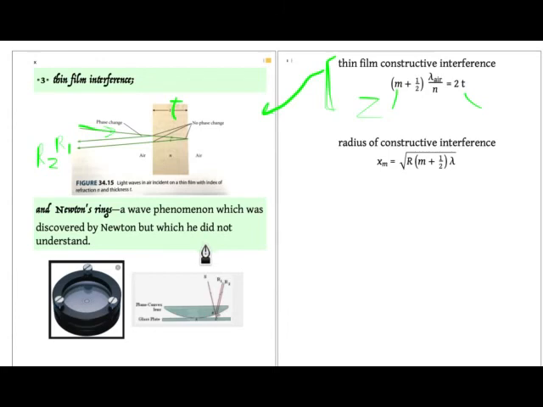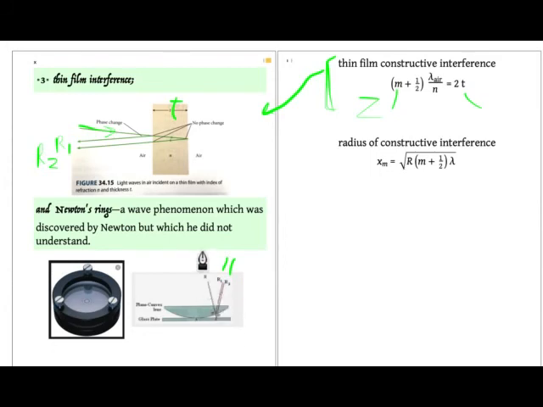If you have light incident from above, part of the light will be reflected from the convex surface, that's R1. Part of the light will be reflected from the surface of the glass, that's R2. Now there are some other reflections going on here, but these are the two that are important.